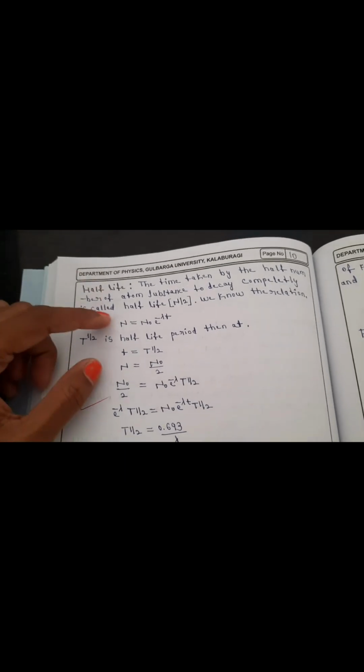Then you should understand what half-life is. The time taken by half the number of atoms of a substance to decay is called half-life. The equation for half-life is 0.69 divided by lambda, where lambda is the decay constant.